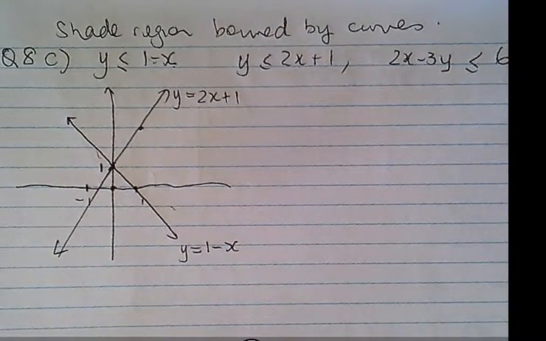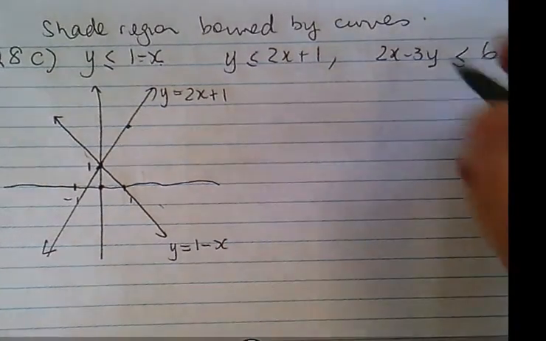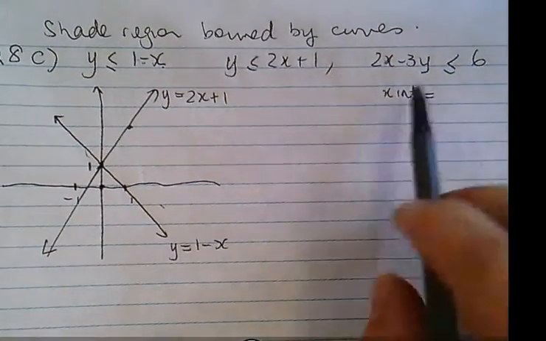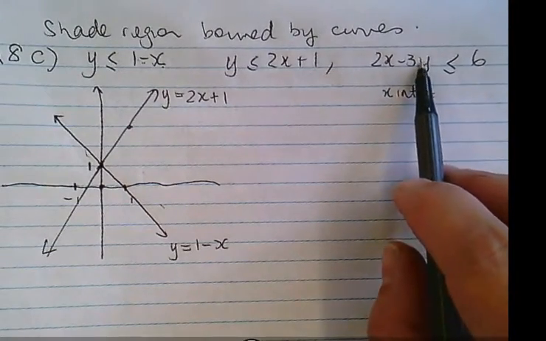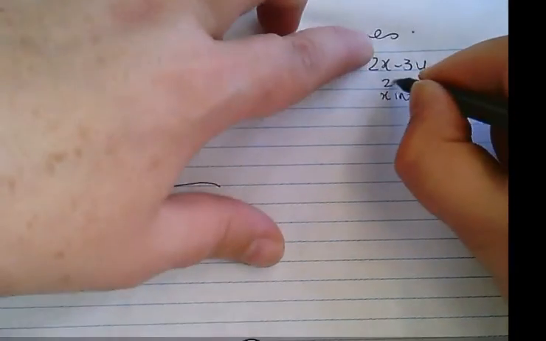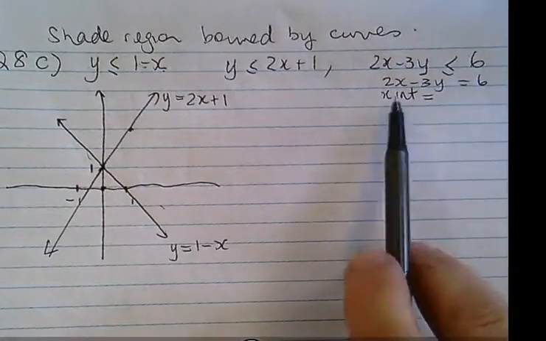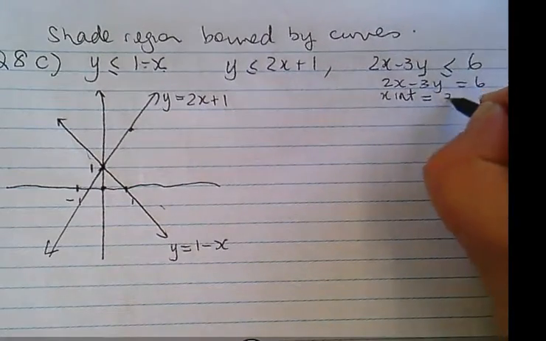So we're sketching the three lines. They're all less than or equal to, which means we can draw them all solid. The third line, let's just do x-intercept, put y is 0. We're trying to sketch 2x minus 3y equals 6. For the x-intercept put y is 0, we get x is 3.